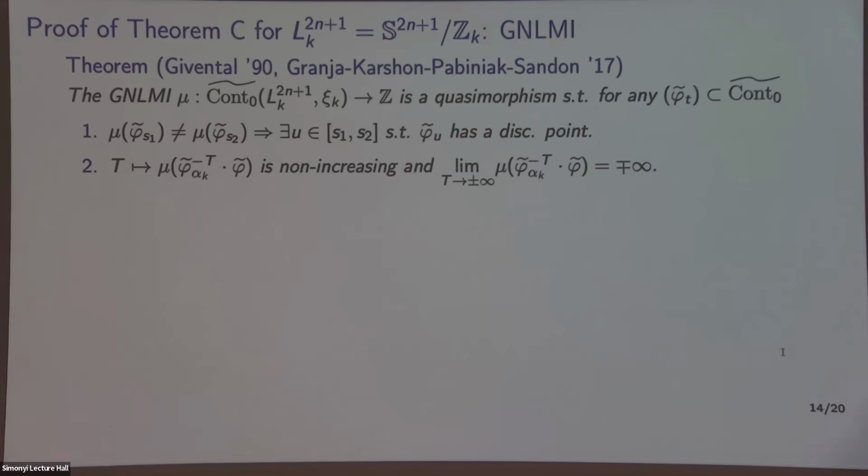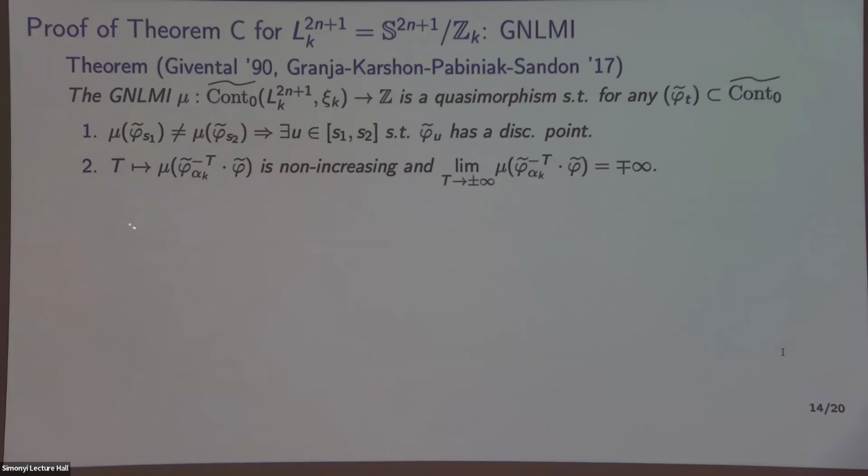But at least I give two properties of the nonlinear Maslov index. Okay, so you take a path inside Cont tilde. Then if at some time S1, Givental's nonlinear Maslov index is different from the index at time S2, it implies that there exists a time U such that phi tilde of U has a discriminant. This is a bit what I was saying: when the Givental index jumps, it means that you have a discriminant point.